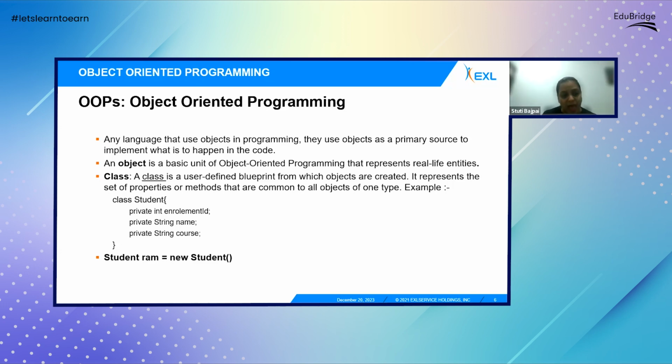So I had a blueprint of student here, and I created an object Ram using this blueprint, which means my object will now have a property named enrollment ID, a property named name and course, and it will have values which correspond to this Ram object. If I need to create another student object, I'll create student Lakshman, new student, and that object will have its own data as values for these properties.